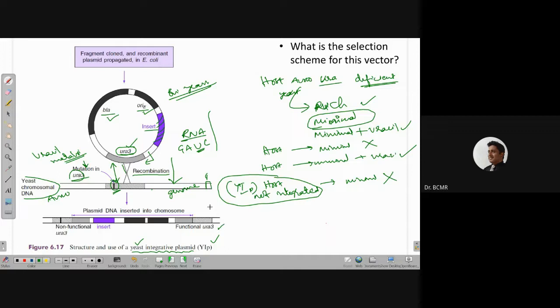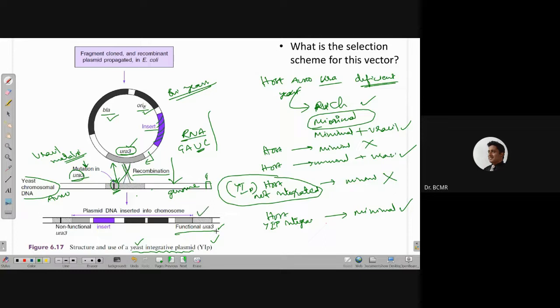Otherwise, there is no way that it is going to replicate. So if we have a host and the YIP is integrated, then it can grow on minimal media, because now there is a functional URA3 gene that has formed upon recombination between these two.